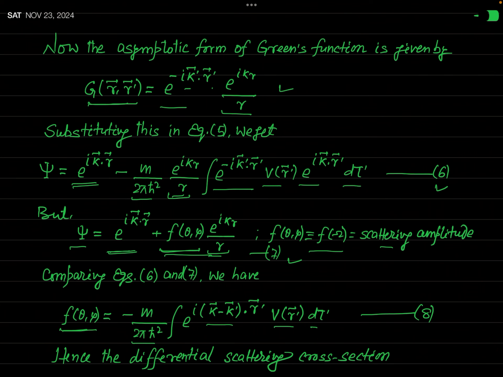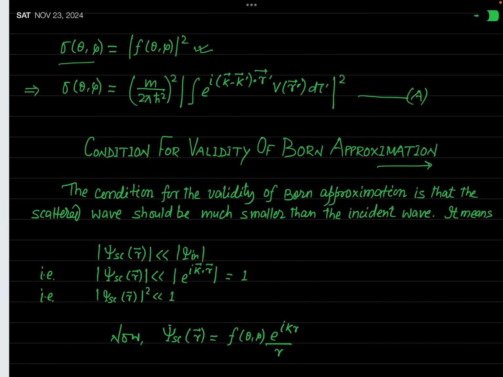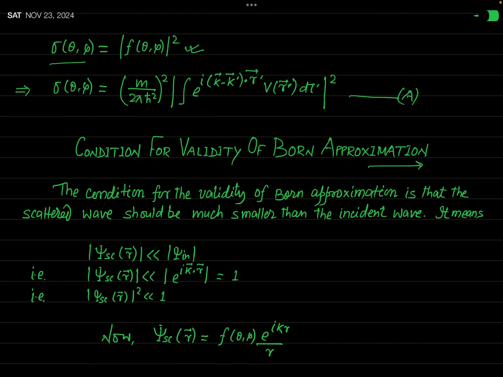After substituting the expression for f of theta phi, we get sigma of theta phi equal to (m over 2 pi h bar square) whole square times the square of the modulus of the integral of e to the power i (k minus k dash) dot r dash times v of r dash d gamma dash. In this way we have easily obtained the expression for the differential scattering cross section.